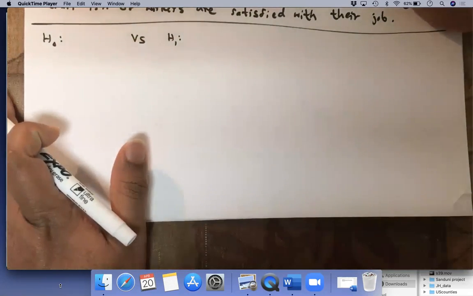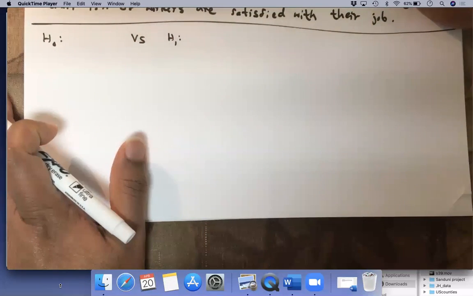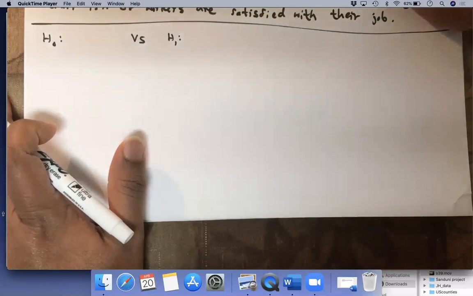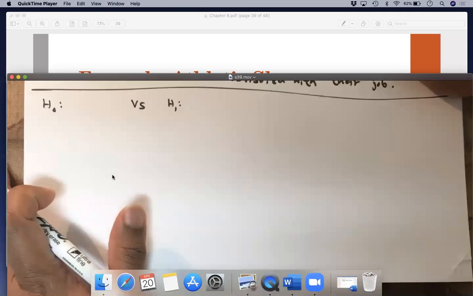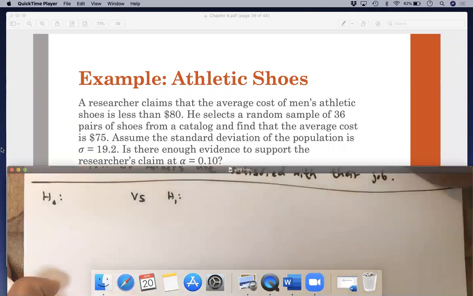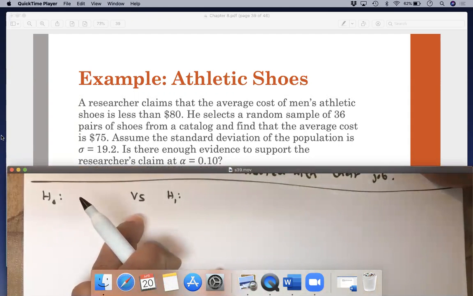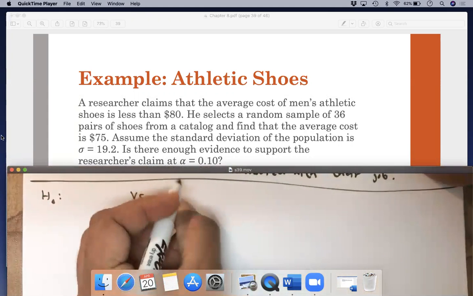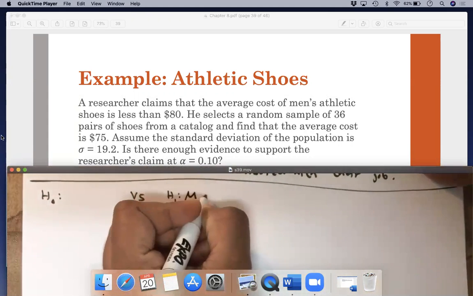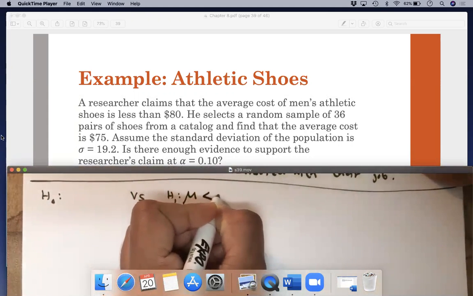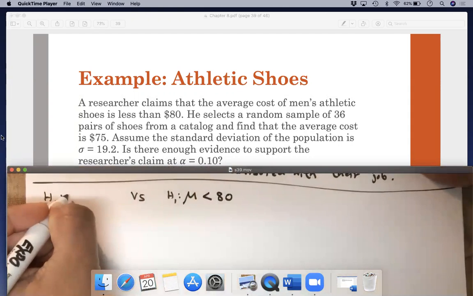Here you can see the keyword average. You can't see any percentage or proportion p, only averages, standard deviations, those things. So if you see those keywords, it's about testing a claim about mean. So here it's mu, less than, another keyword, 80. So that is my H1.